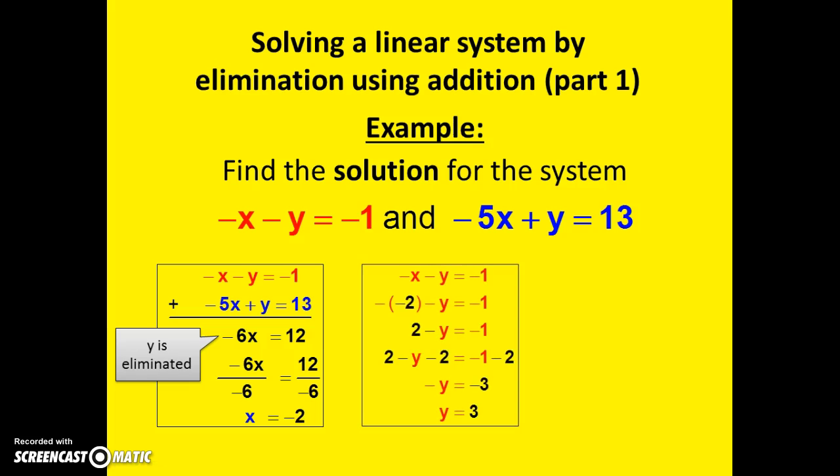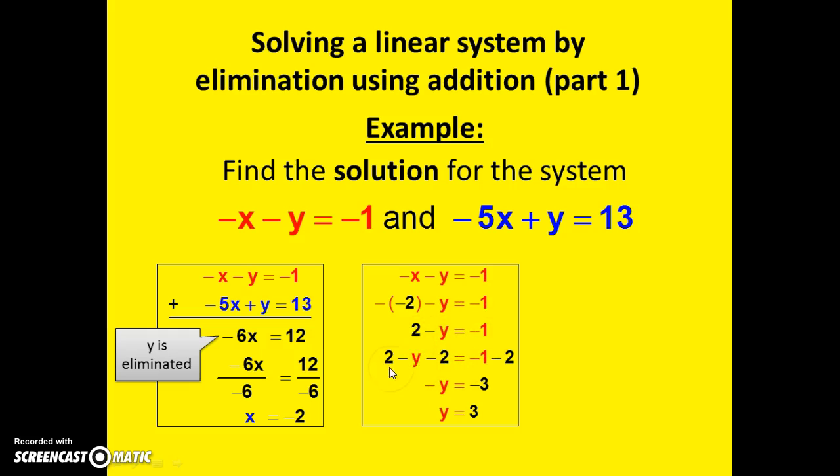Now that we got x, let's find y. So I'm going to pick the red equation. You could pick the blue if you want, whichever equation you pick. All you got to do is substitute in your x and solve for y. So we've got a negative 2, because x is negative 2 from down here, and the negative was there from the original equation, right? So we're substituting in, and now we're going to solve. Negative times a negative is a positive 2, minus y equals negative 1.